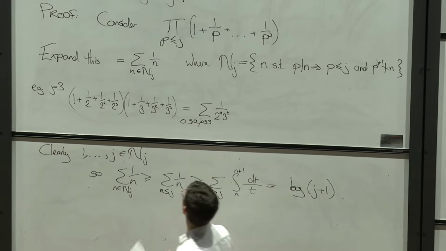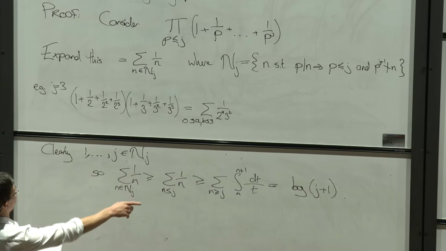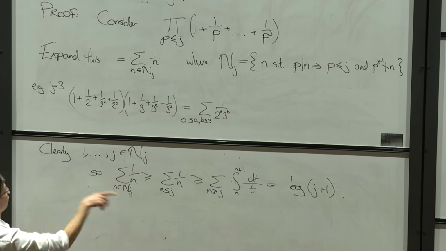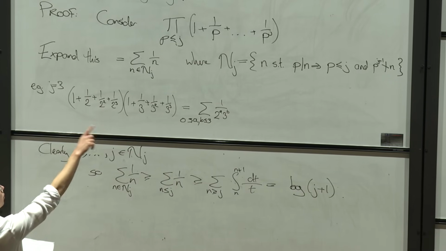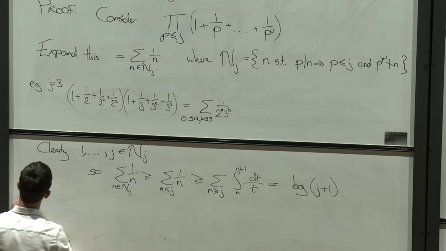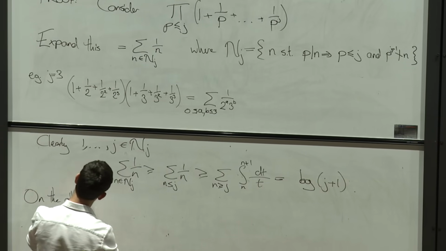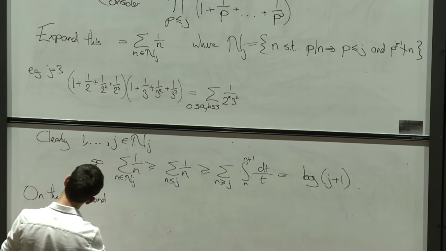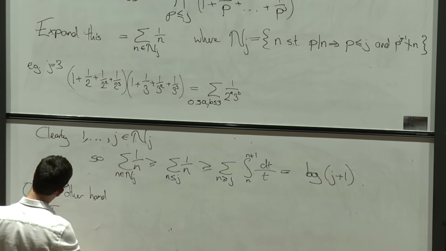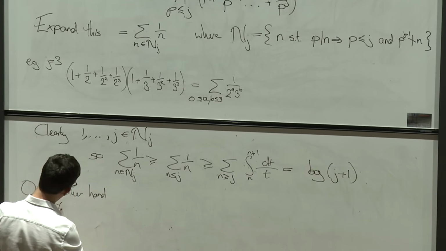So we have a lower bound for this product in terms of j, but on the other hand, this is a multiplicative object, and is naturally related to the primes going up to j.